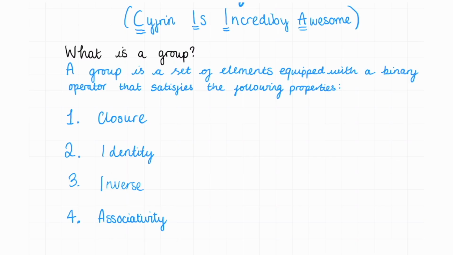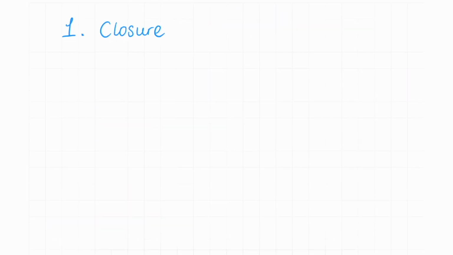So number 1, closure. Closure is a mathematical term, and what we mean is that the operation must be closed. So the operator that the group is equipped with, such as addition, subtraction, multiplication, XOR, and modulus, must be closed. Now, you still don't know what closed means.